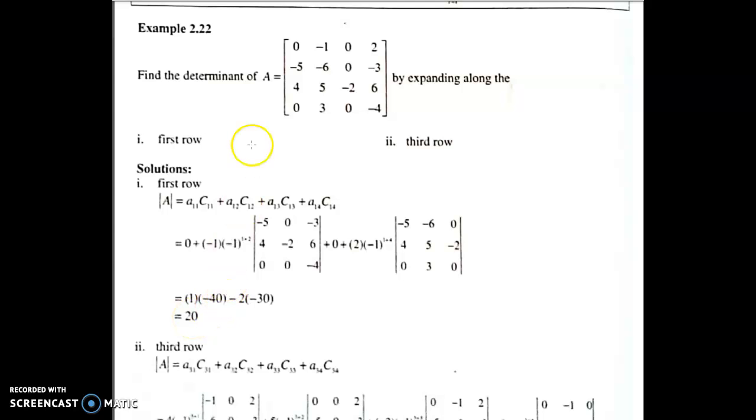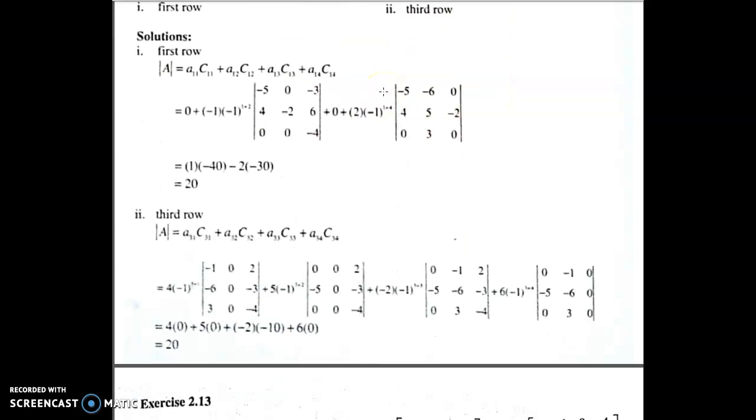Okay, so now they want to calculate for the third row. As you can see, there is no 0 available here, so you need to calculate all of them, the cofactor of 4, 5, -2, and 6. You have 4 things to calculate, and you still get the same value, which is 20.